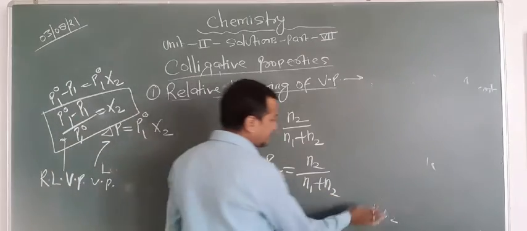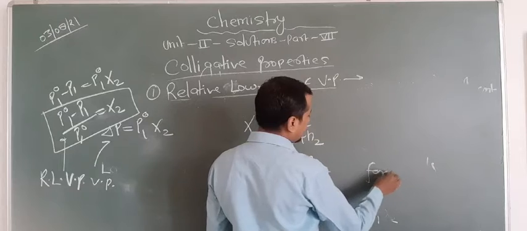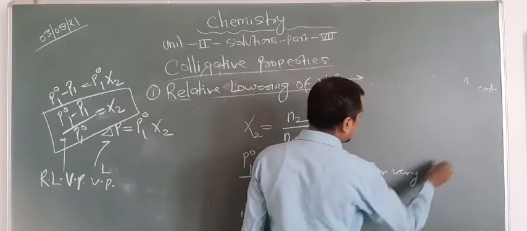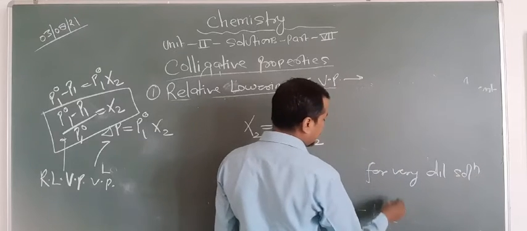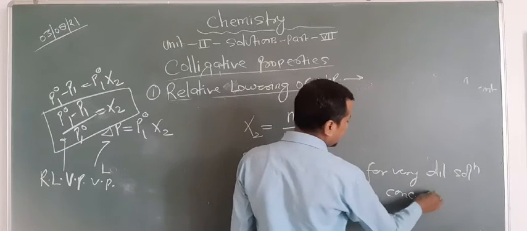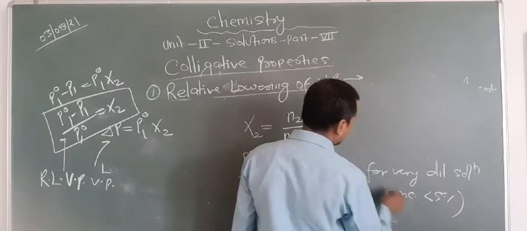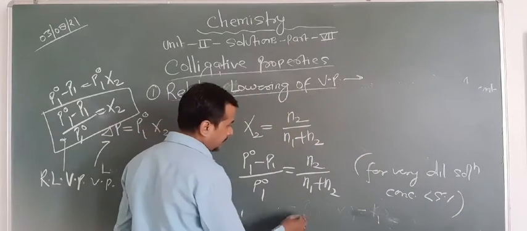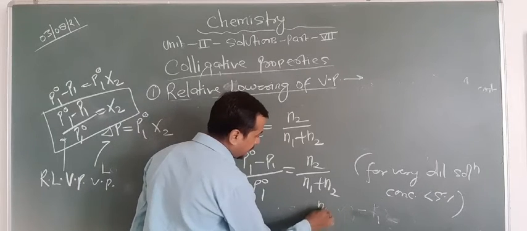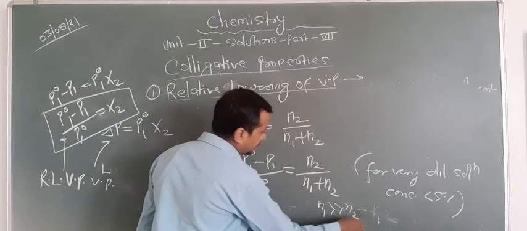For a very dilute solution, that means concentration less than 5%, in this condition we can say that N1 is much more than N2.